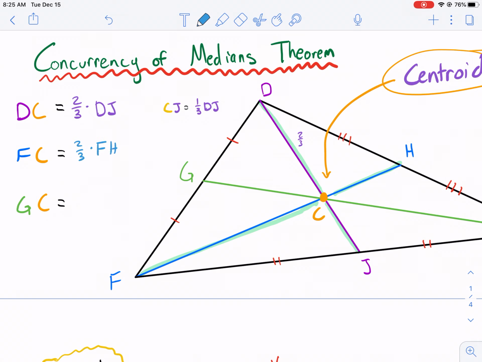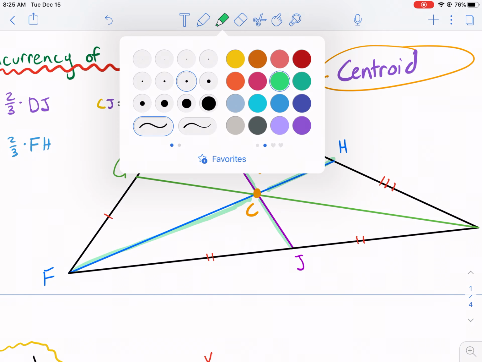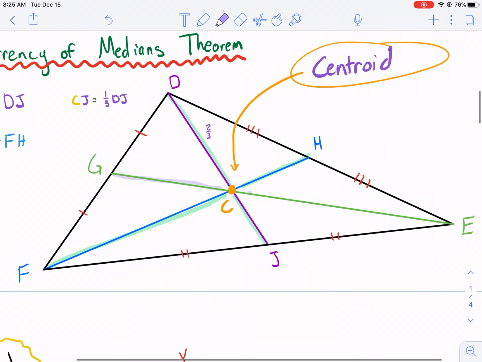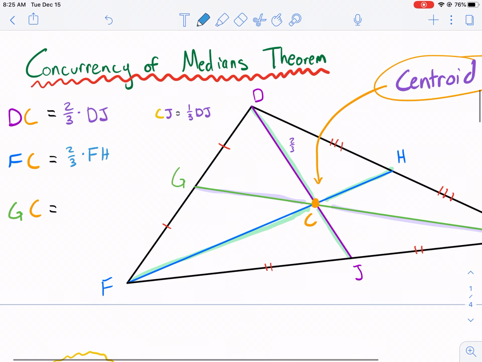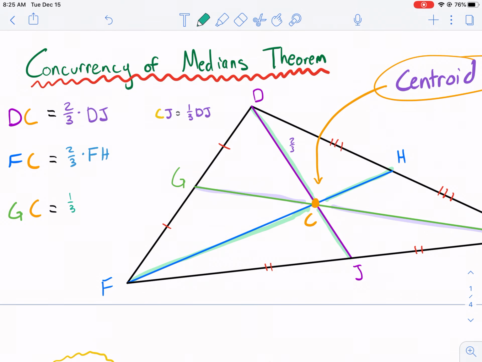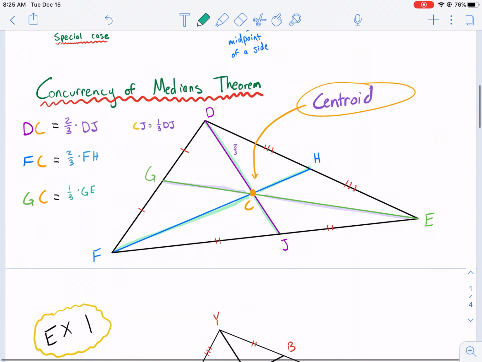So whatever you get for FH, you multiply it by 2/3, and you find FC. 1/3 to find CH. GC, okay, this is what I was talking about. You just have to look here, and you can see that GC is clearly smaller than its counterpart CE. So GC in this case is the 1/3 section. So this is 1/3 of the whole length GE. And that is what's cool about medians.